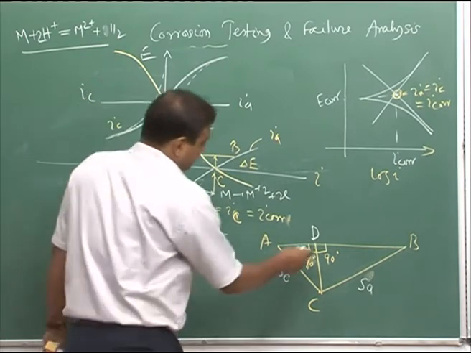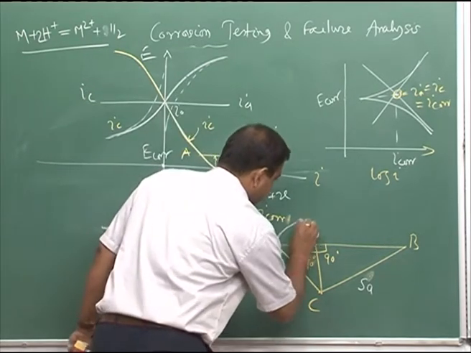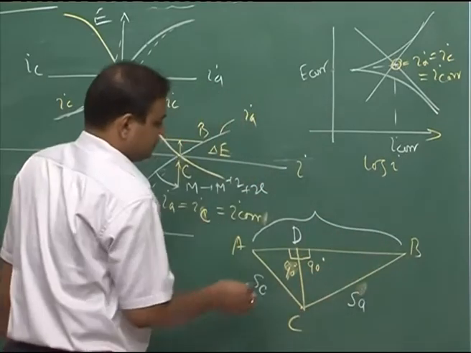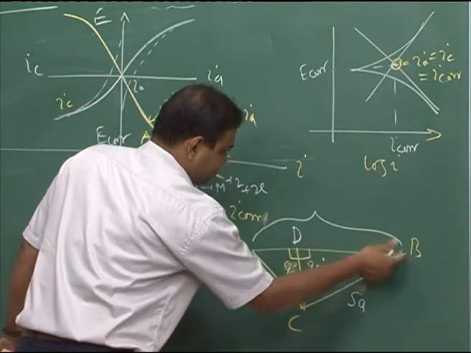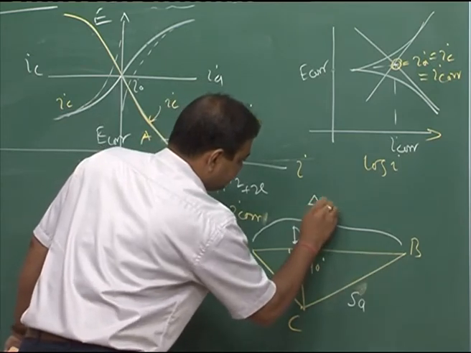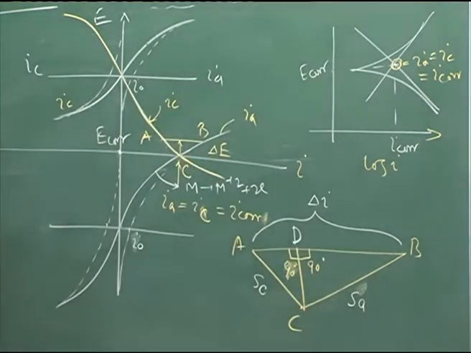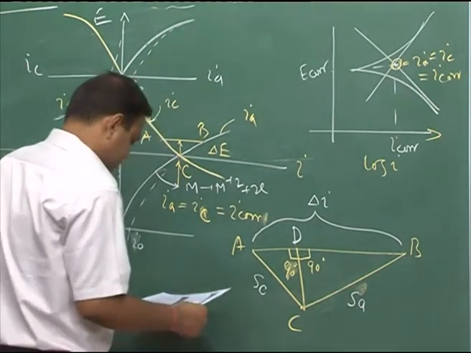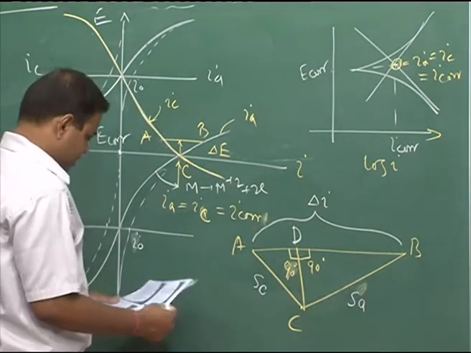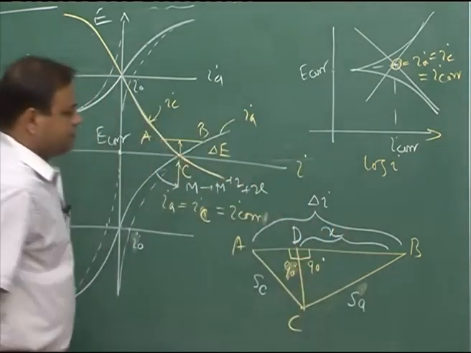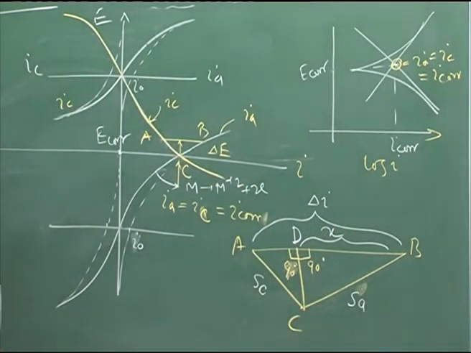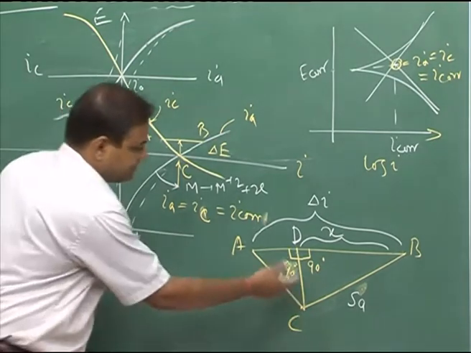Now, if we consider the overall current, overall current is del I, and if we consider this to be x, then we can find out from geometry what S C and S A would be.